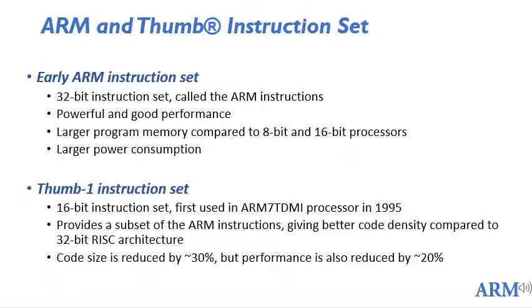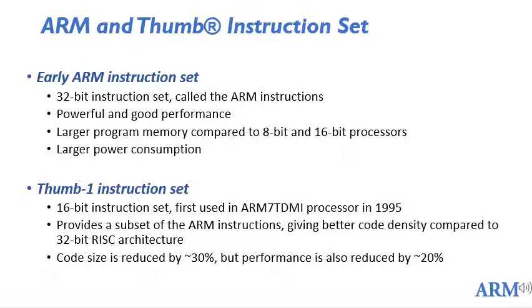That means most of the time we'll be using frequently used instructions like add, move, multiply, all these things. These instructions could be written using the 16-bit Thumb instruction set, and hence it was occupying less memory, and in less memory more code could be accommodated.